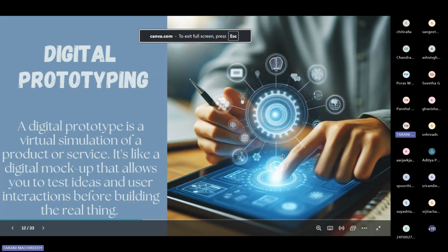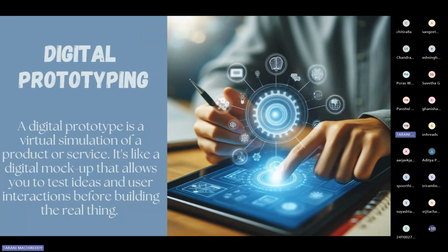So these are some examples of where we use digital prototyping. And coming to why we use digital prototypes, they serve several benefits, like cost savings and time efficiency. It is a quick development process, allowing quick iterations and modifications. We can modify anything quickly here, and it can be improved for testing.